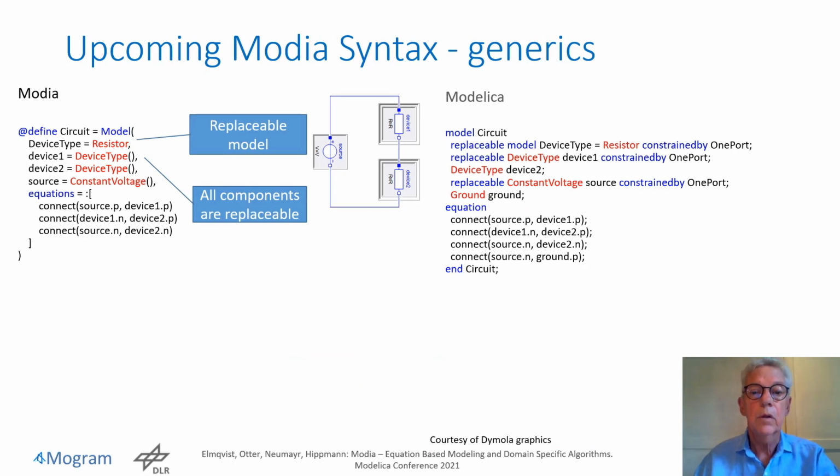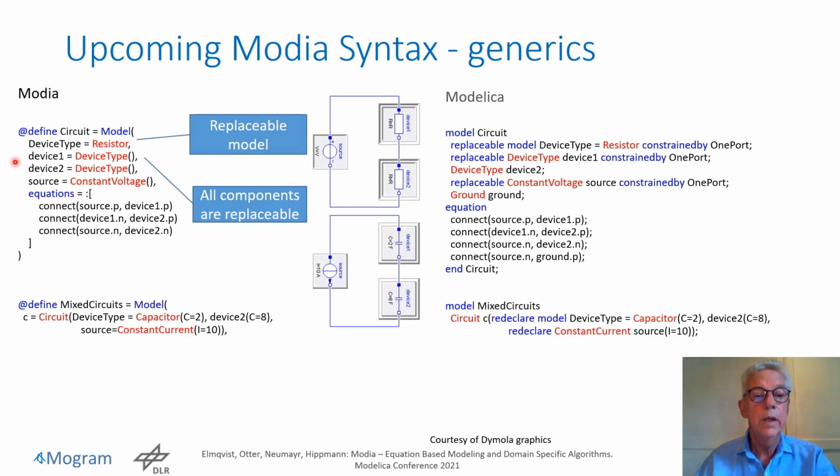Using Julia macros allowed us to introduce generics in the sense of the concept of replaceable model and replaceable component in Modelica. And these are then the corresponding syntax in Modia.